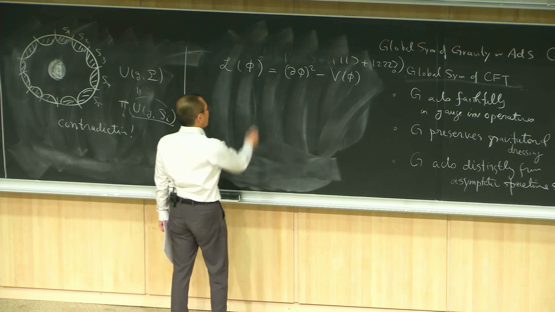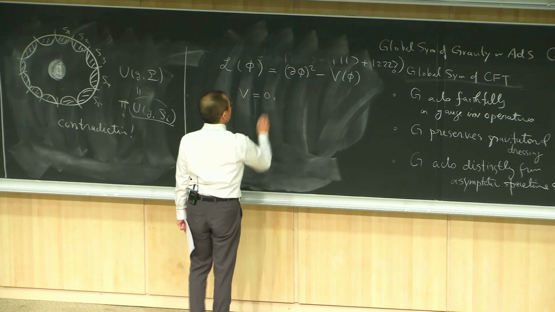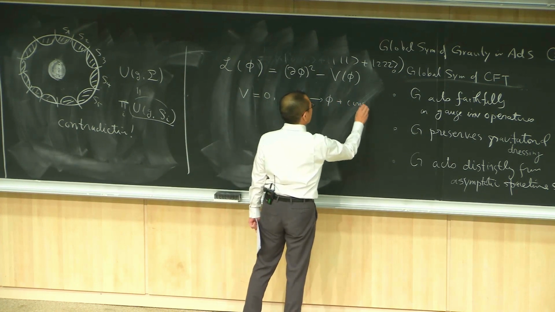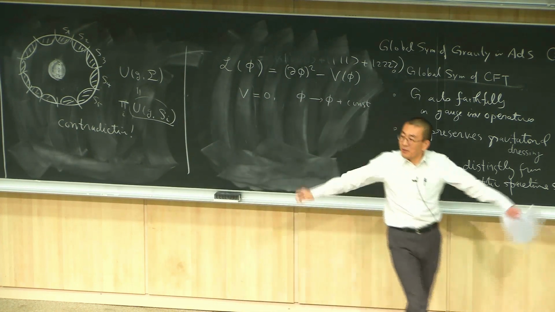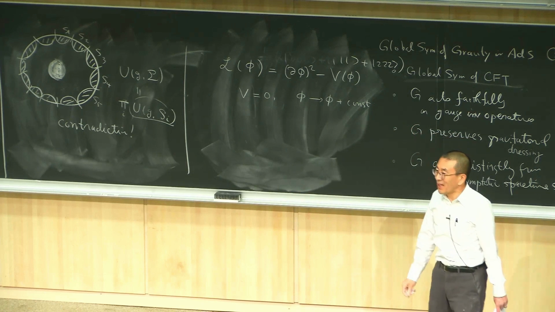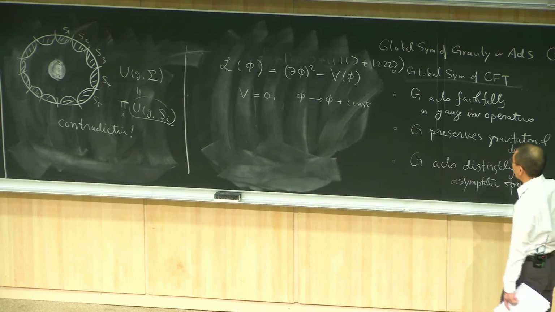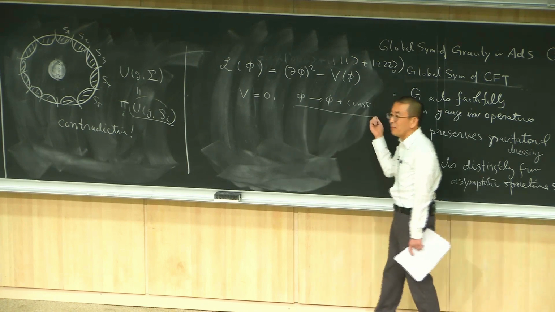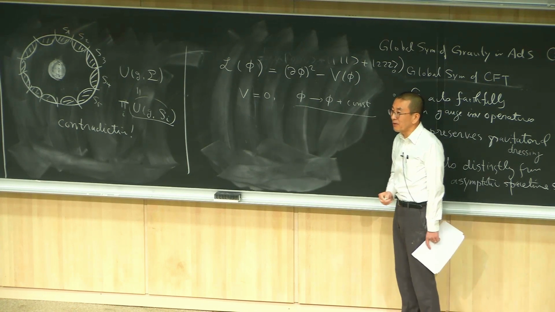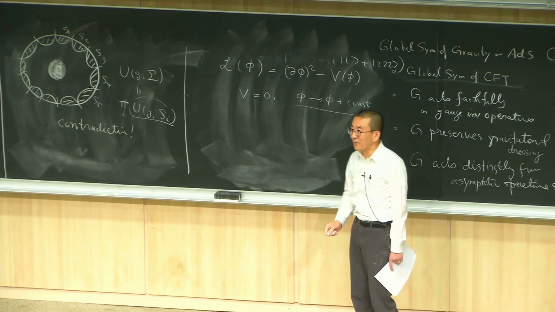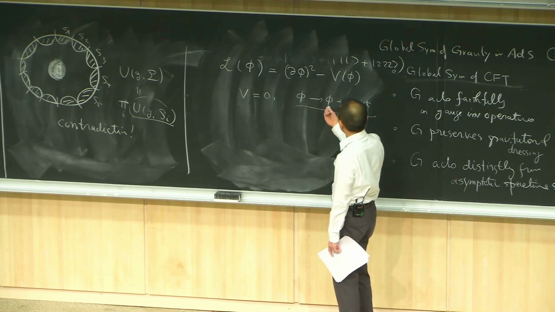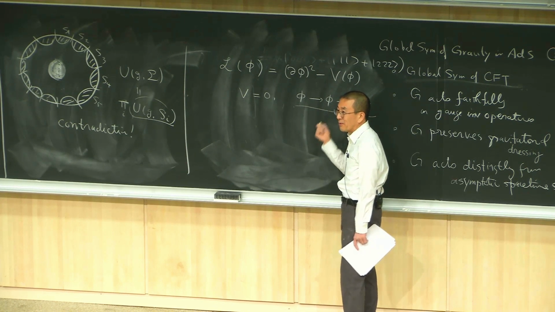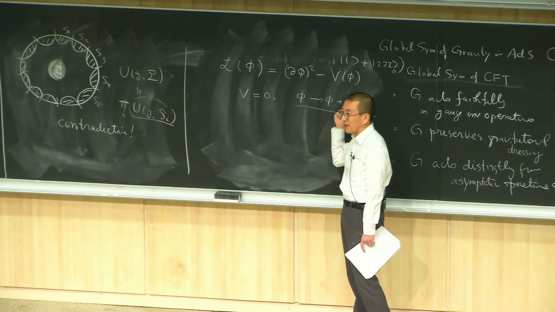But if the potential is 0, then the low energy effective action has shift symmetry. And this can be a very useful thing. For example, there are some inflation models which make use of this type of symmetry. But you see that this symmetry is spontaneously broken, because at least in 3 or higher dimensions, the scalar field must have some expectation value, and that automatically breaks this shift symmetry, right?